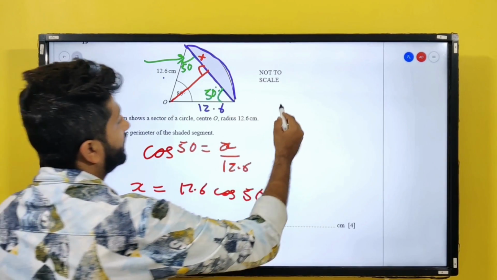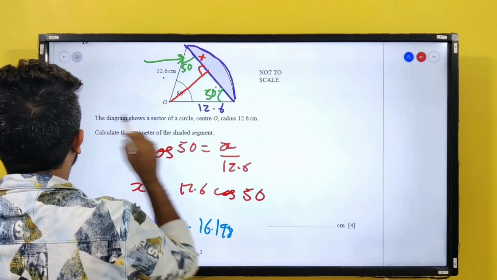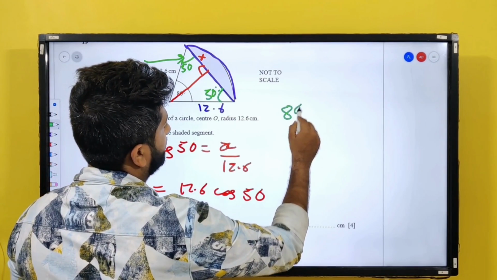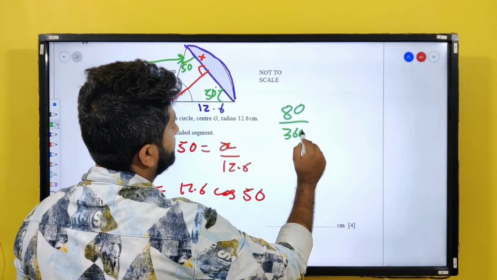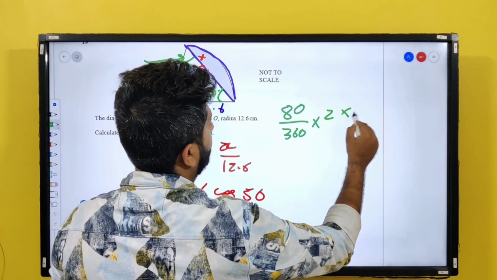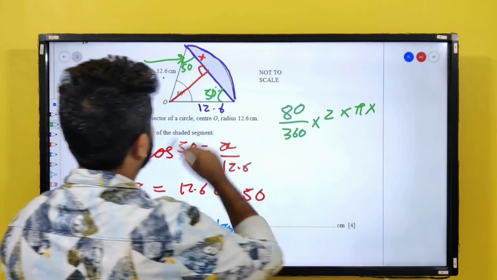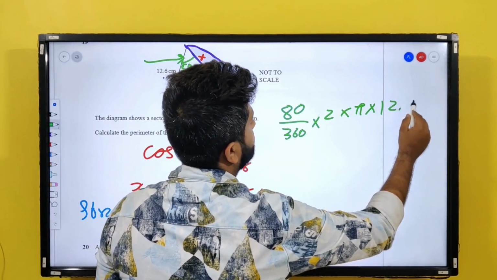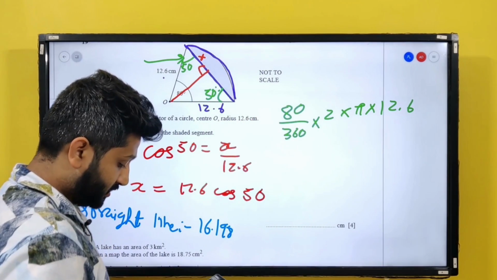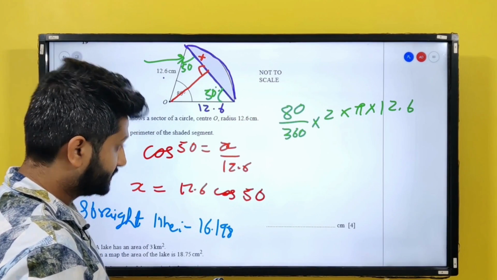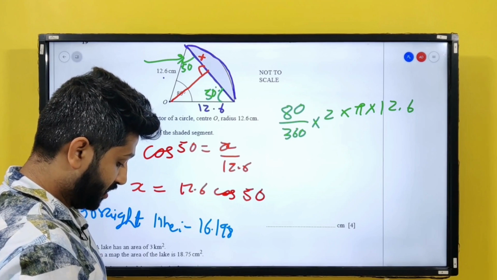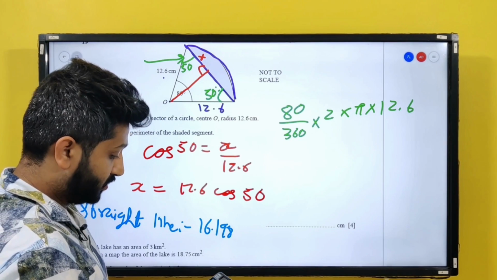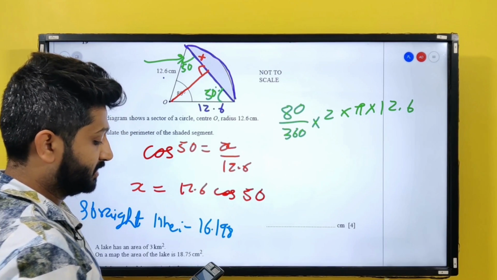Now we also have to find the circumference of the curved region, or the arc length. Arc length can be given by theta upon 360 into 2 pi r. Theta upon 360 into 2 into pi into r, which is 12.6. So 80 upon 360 into 2 into pi into 12.6.